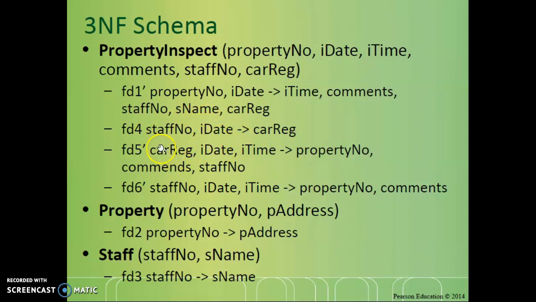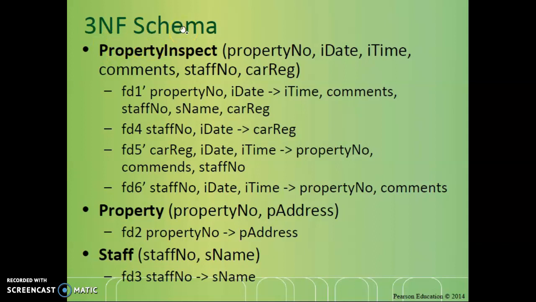Why it is not a candidate key, I'll tell with an example. So the property inspect relation may suffer from update anomalies, that is update problems, because the left hand side attribute is not a candidate key.